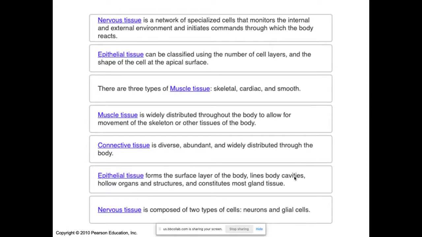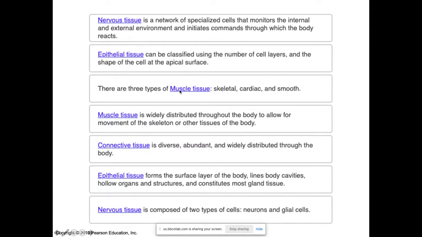The digestive tract, the esophagus is a tube. The small intestine and large intestine, these are long tubes. The respiratory tract, the trachea, is a long tube. The reproductive tract, again, the urethra, the ureter, these are long tubes. All right, so anywhere you hear tubes or tracts, we're going to find epithelial tissue.